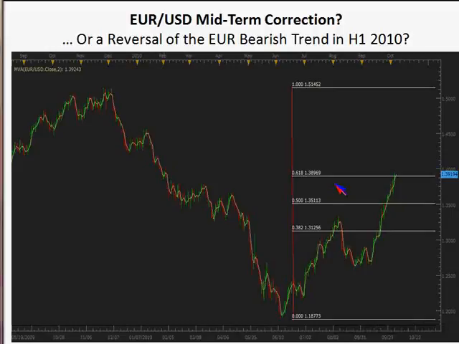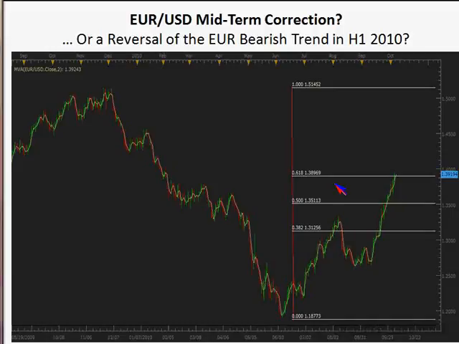Now, why would that be a red flag? Obviously, we have the 76 or whatever next percentage of retracement according to the Fibonacci percentages that could be challenged. That is definitely a strong potential there. Now, especially that the euro is breaking above the 61.8% level.